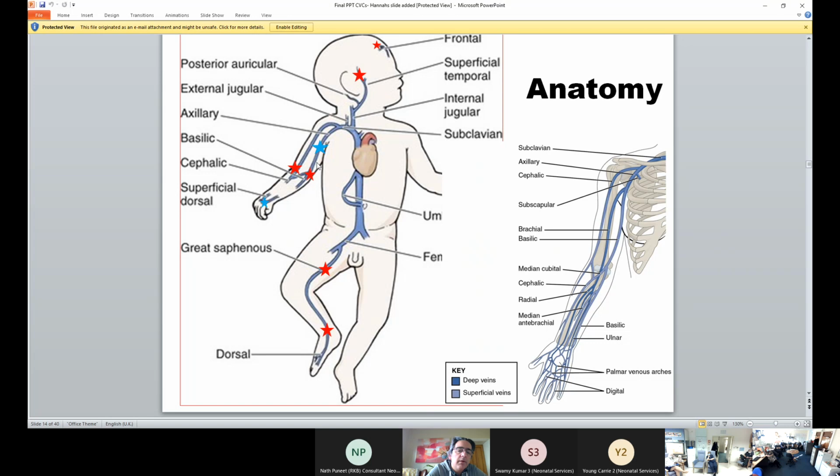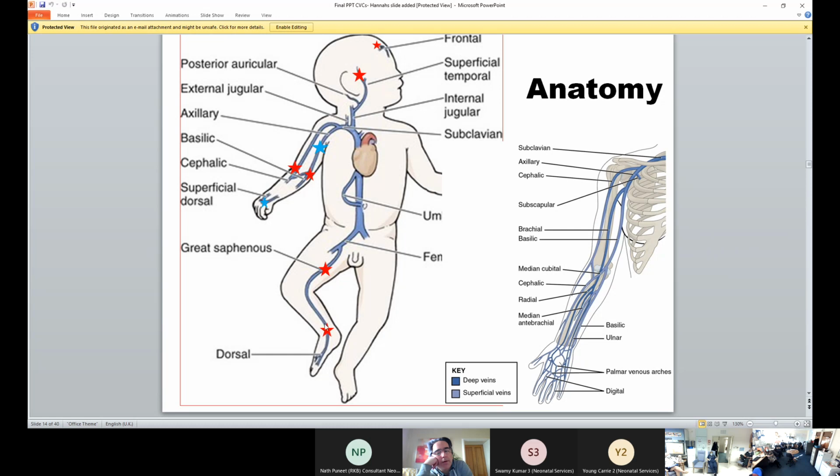Because number one, straight to the subclavian, short course, very superficial, shallow angle of insertion. And it's very wide. So if this is a brand new baby, hasn't been touched before, please try this one first.